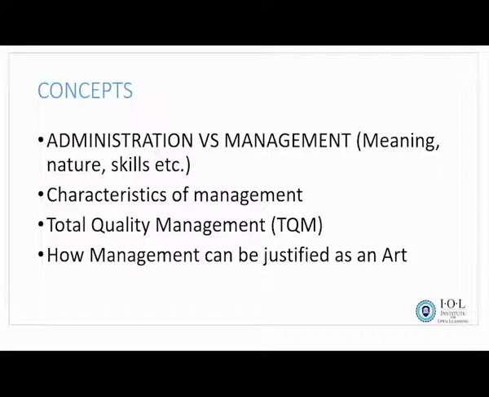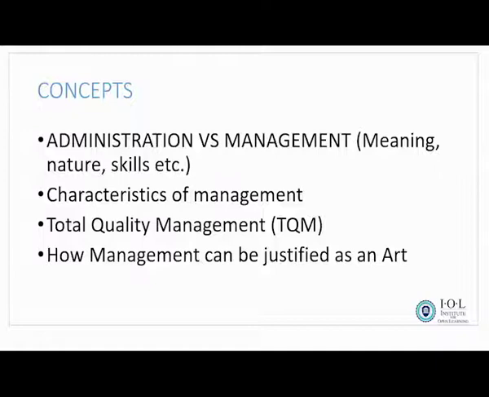Here you are required to compare the difference between administration and management by looking at certain aspects like what the meaning is, the nature of administration or management, and also the skills. And then we have characteristics of management. These are the aspects to which you can ascribe management.